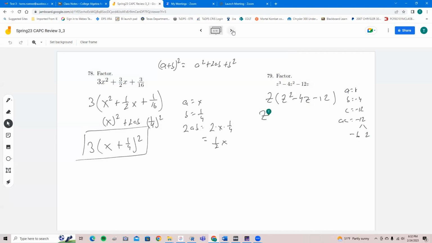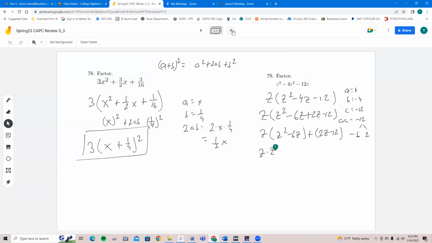So that leaves me with z squared minus 6z plus 2z minus 12. I just split that middle term. Factor that by grouping. That's why I cross my z's, because the 2's and the z's look a lot alike once you get going. All right, factor out the common term.